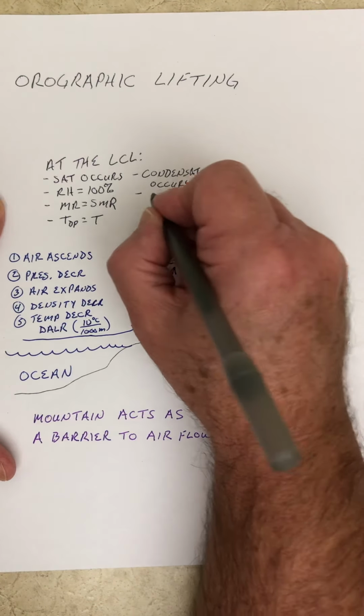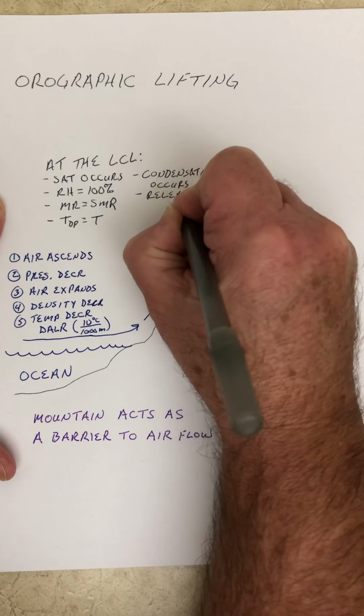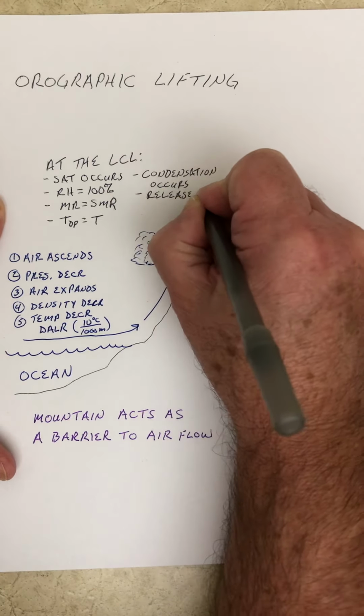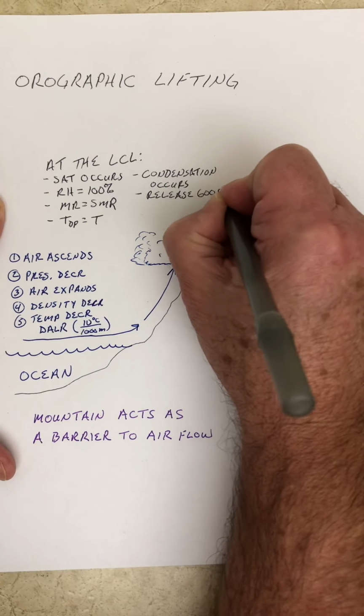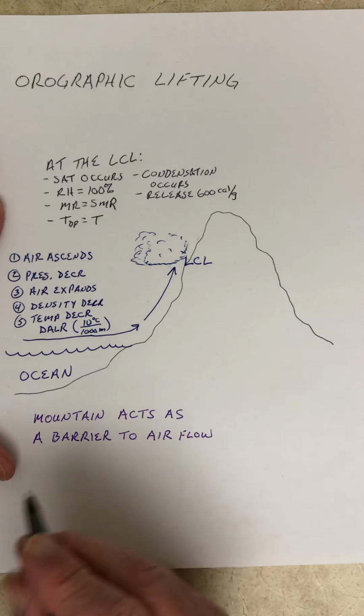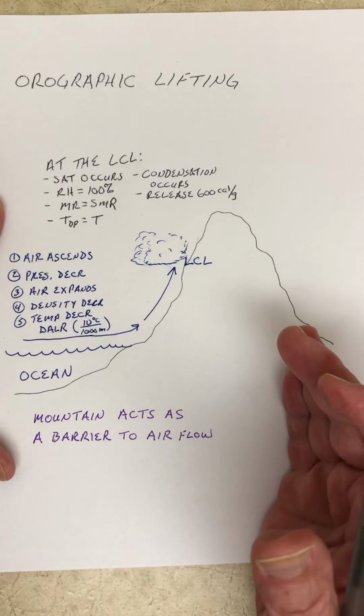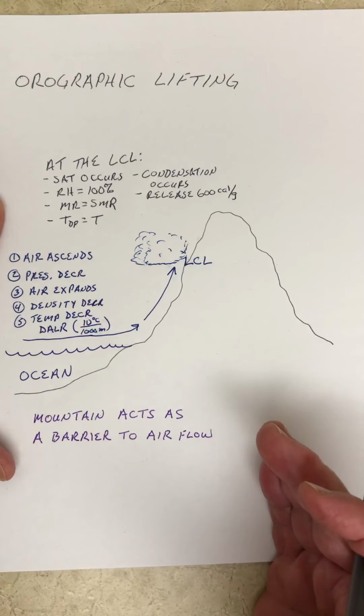Okay, so in that process, we're going to release 600 calories of energy for every gram of water that is condensed. Again, that is literally releasing heat energy into the atmosphere. So you're going to slow down the rate of cooling.